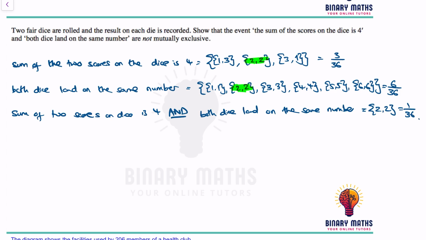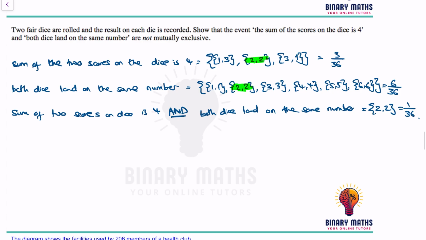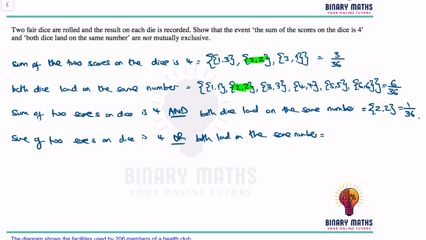Now, because there's an overlap, if it was mutually exclusive, the sum of those two must be the same. So probability sum of two scores on dice is 4, or both land on the same number is equal to 3 out of 36 plus 6 out of 36 minus the intersection, which is 1 out of 36, which is equal to 8 out of 36.